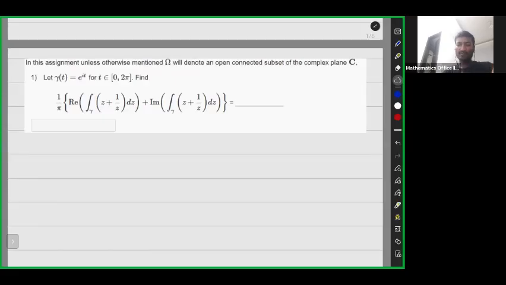Okay, so question number one. In the whole assignment, this omega is a non-empty open connected subset of C. Gamma is some curve, given by e to the power i t, t belonging to 0 to 2 pi. We can draw the graph of this, right?